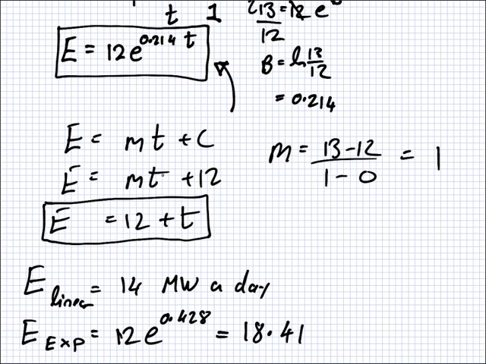Unless I'm misreading something. What would the difference be between the two models as used to predict the energy demands for the end of 2014? What's that a difference of? 4.41? Yeah, if you were to minus these two? 18.41 minus 14 is 4.41, isn't it?